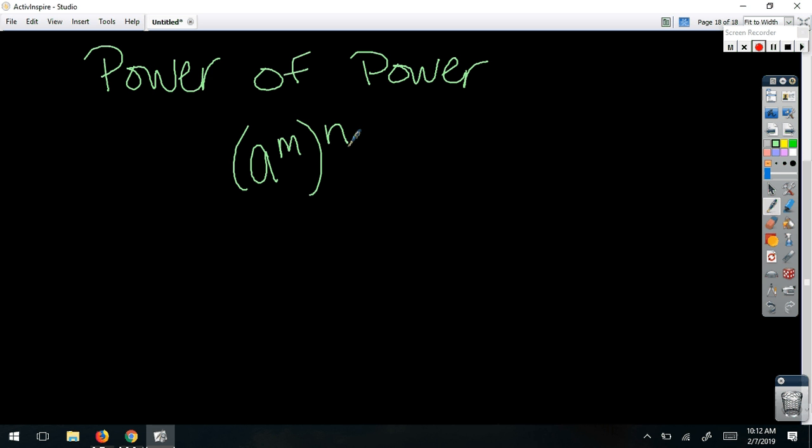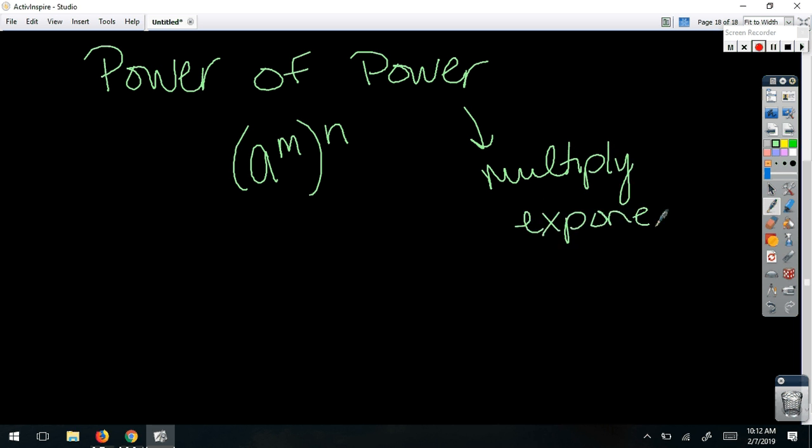That's a lot. If you square a number and then raise it to another power, that's a lot. So what we do is we multiply the exponents. So it becomes a to the m times n.